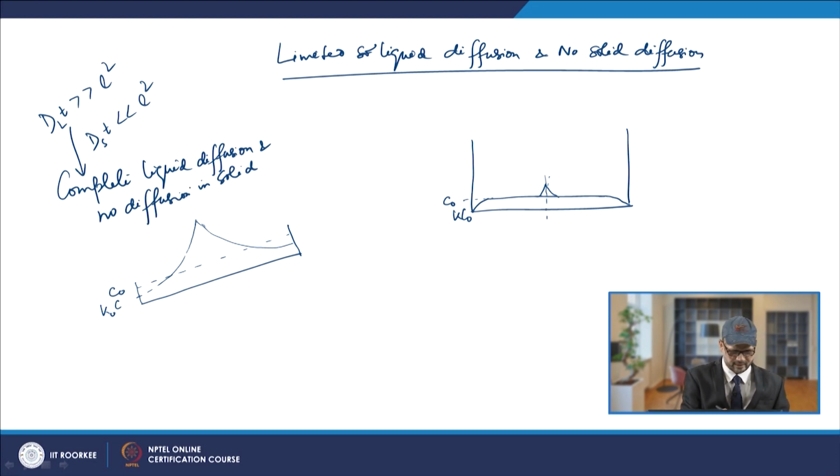This will be the case when you have the complete liquid diffusion, whereas there is no solid diffusion. So, in those cases your concentration will be too high and then it will go like this. So, your segregation condition will be worst in these cases when you have complete diffusion in the liquid and no diffusion in the solid.